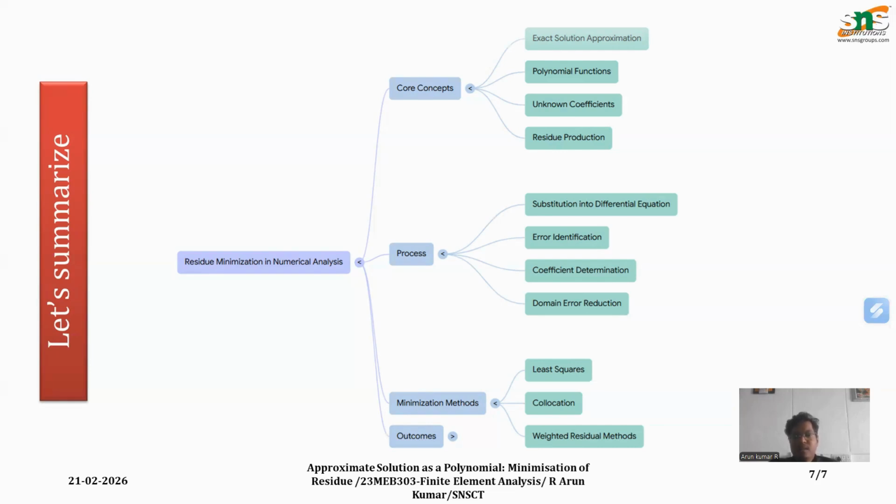The process involves substitution into the differential equation, error identification, coefficient determination, and domain error reduction. The minimizing methods are least square, collocation, and weighted residual methods. So this is the overall view of the approximate solution as a polynomial. Thank you.